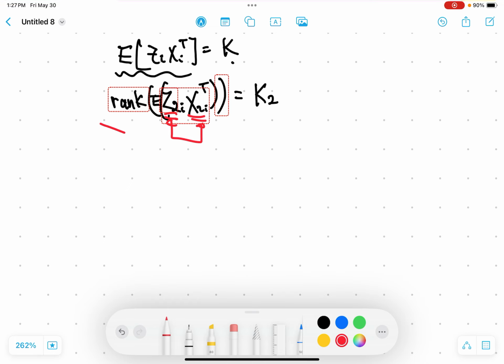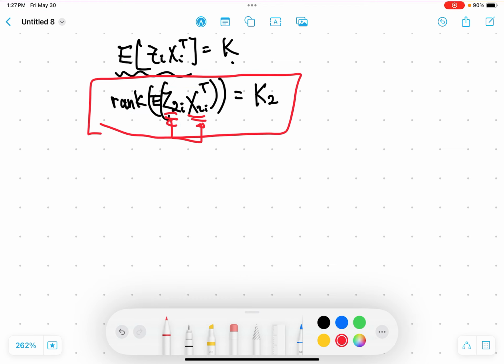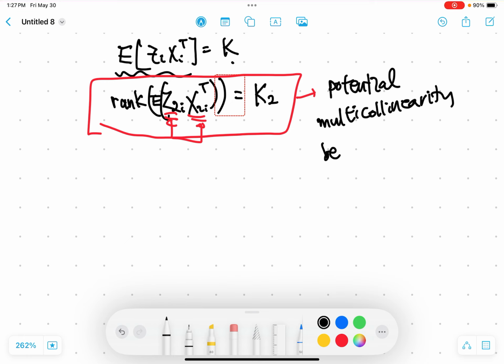But this does not rule out a problem. The problem with this answer is potential multicollinearity between x1 and z2, right? So it's not ruling out a multicollinearity problem involving x1. So in that sense, this answer is not correct.